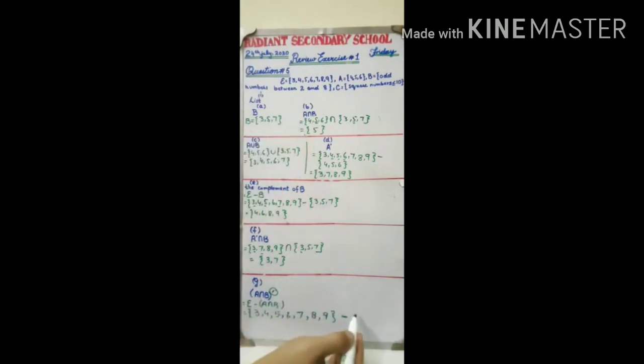So minus 5. Okay. When we subtract, this 5 will be cut from this set, and remaining elements from the first set will become 3, 4, 6, 7, 8 and 9. Okay.